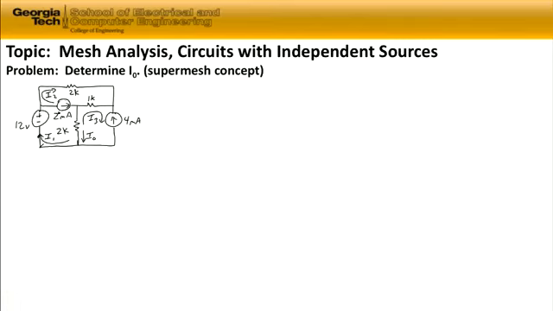What supermesh allows us to do is avoid that current source when we're summing the voltages around the loop. Our supermesh is the one in red, where we avoid that 2 milliamp source, yet we still create another independent equation, so we have that third equation. So we're going to use this as our supermesh.